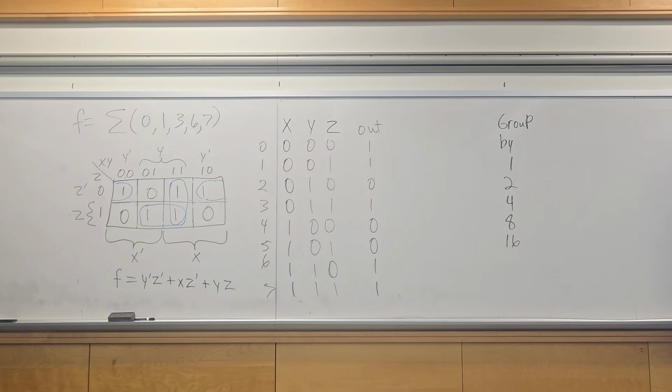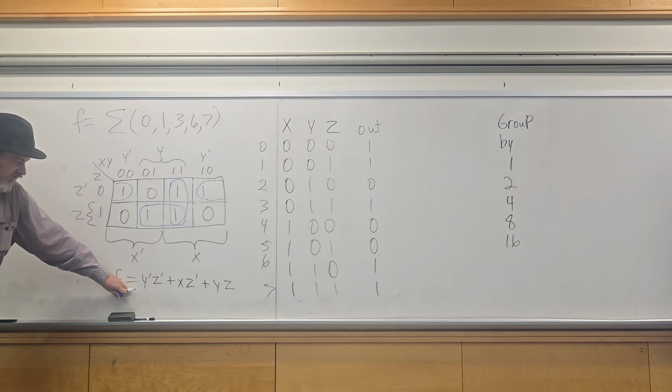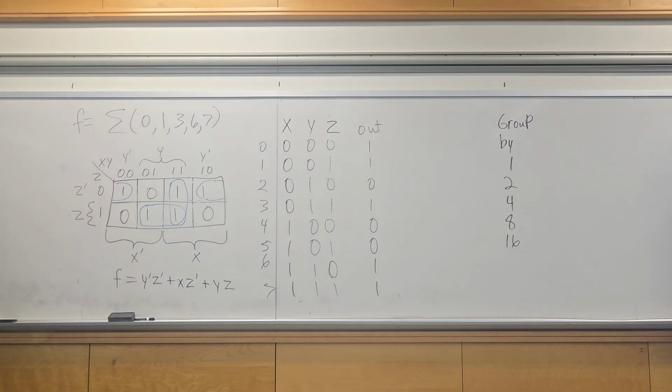It would be different from this, but it would still be the same number of terms, the same number of literals. So there are multiple completely reduced functions. It's just a matter of taste as to how you want to group your groups.